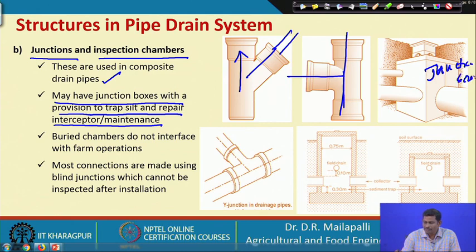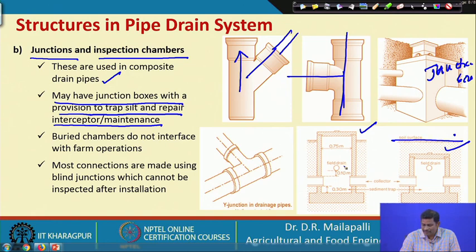If you see the junction box closely here, this is above the land surface and this is below the land surface, the soil surface. The advantage of a junction box installed below the land surface is that it does not interfere with the farming operations.